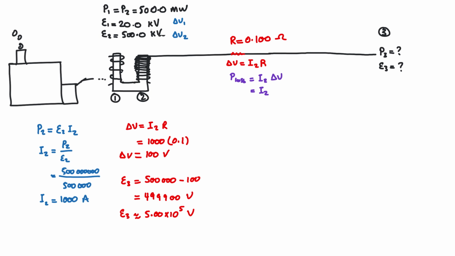We have delta V is equal to I2 multiplied by the resistance, and that's going to equal I2 squared R. So the power loss is going to equal I2 squared R, which is going to equal 1000 squared multiplied by 0.1, giving me a total of 100,000 watts that has been lost as these electrons are passing through this wire.